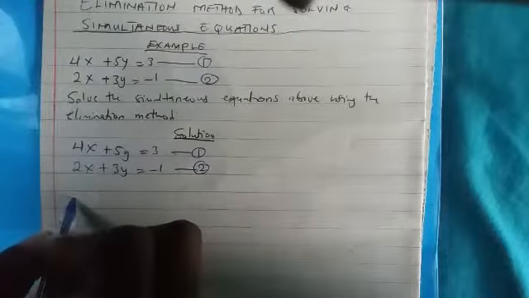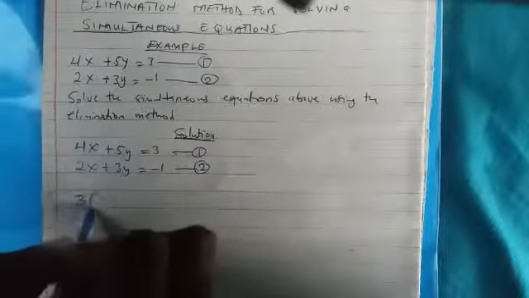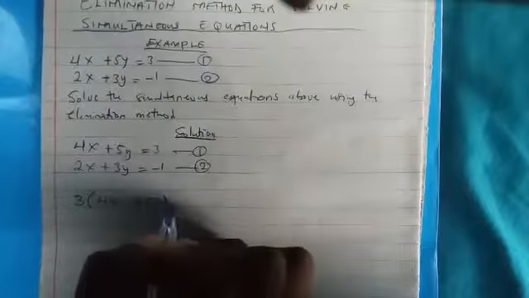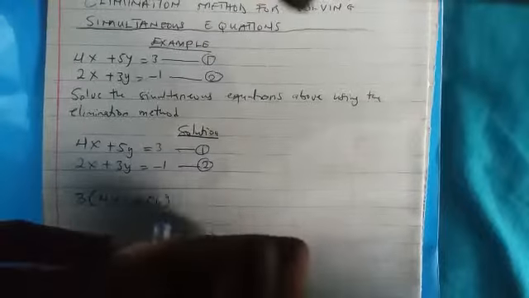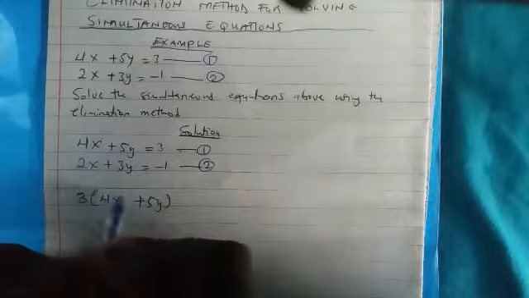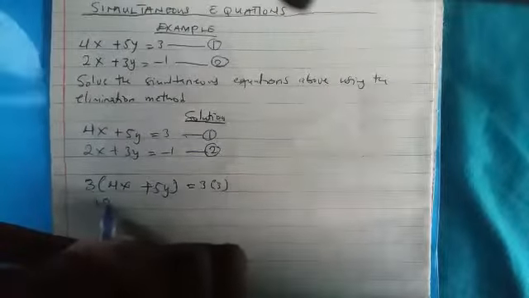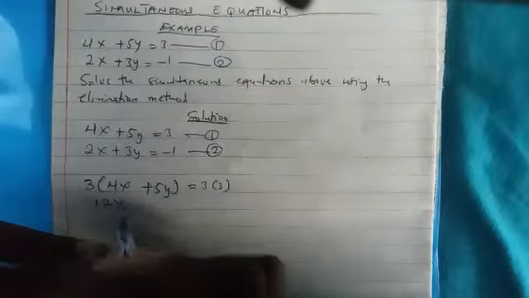You have 3 times 4x plus 5y. If you do it to one side, you have to do the same to both sides, is equal to 3 times 3. Then we have 12x plus 15y is equal to 9.